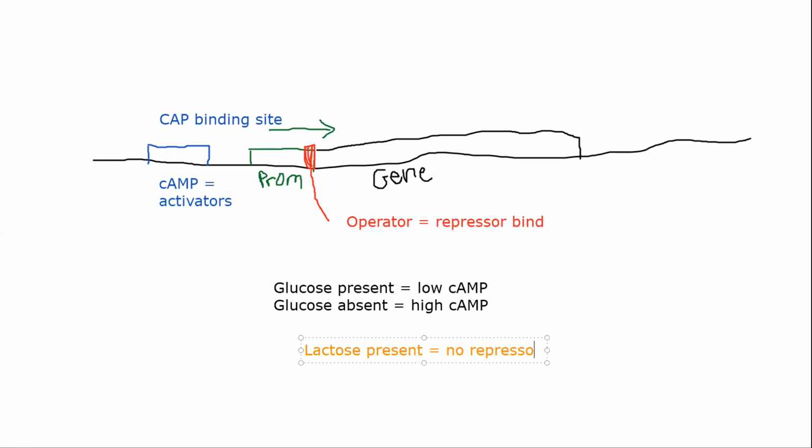The allolactose binds to the repressor. Lactose absent is the repressor is bound. So this is the way that the cell controls.